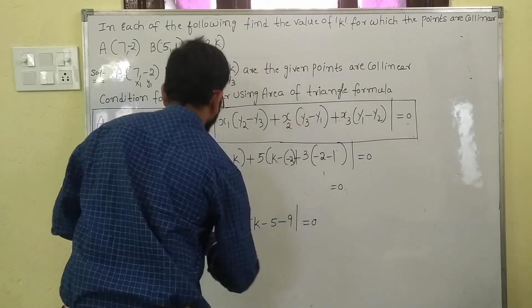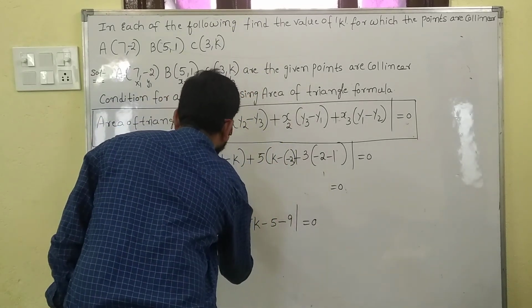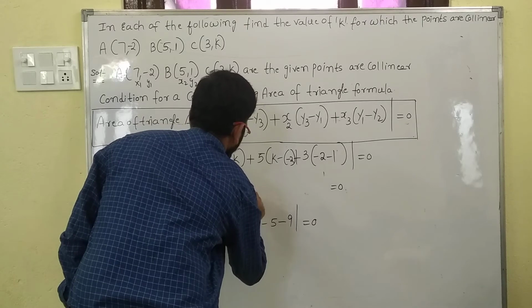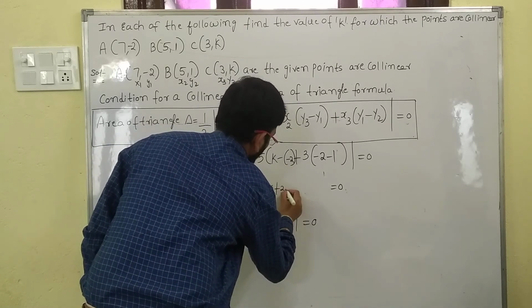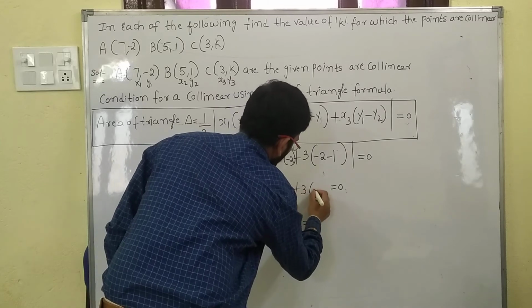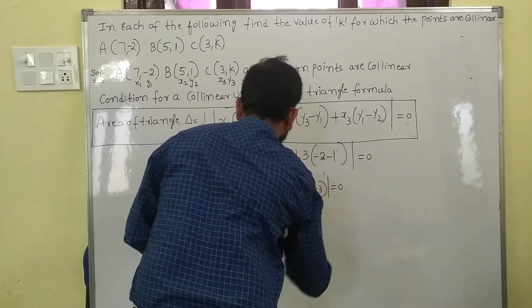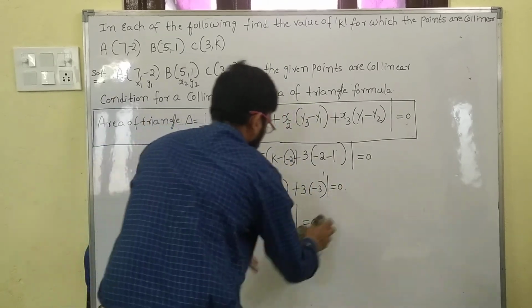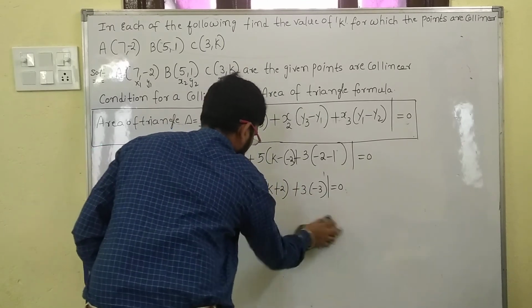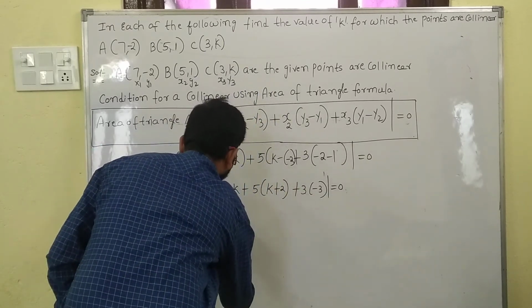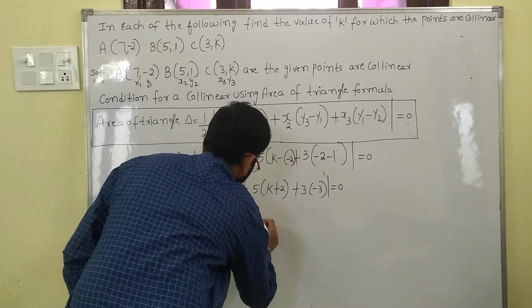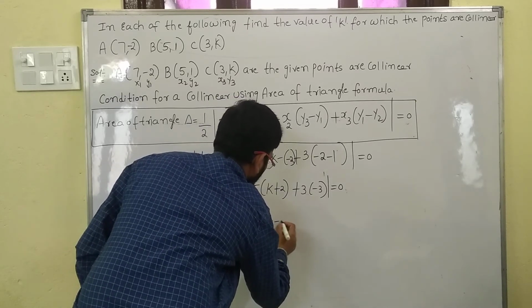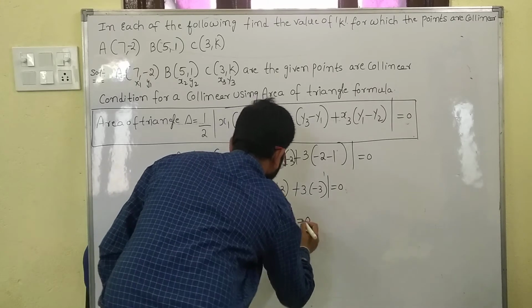So this is 1 into 7 is 7 minus 7k, plus 5 times (k plus 2), plus 3 into minus 3, modulus. Then it will be 7 minus 7k plus 5k plus 10 minus 9 is equal to 0.